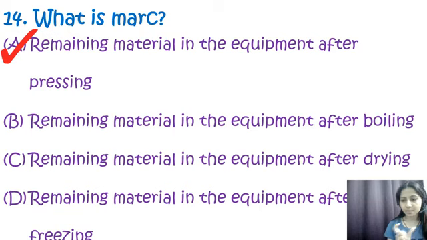The term mark is used in the context of the wine making process, where solid remains of grape juice, mainly grapes, that is the skins, pulps, seeds or stems, are left after the juice has been taken out. These leftovers are referred to as mark. So over here the correct option is A, the remaining material in the equipment after pressing.